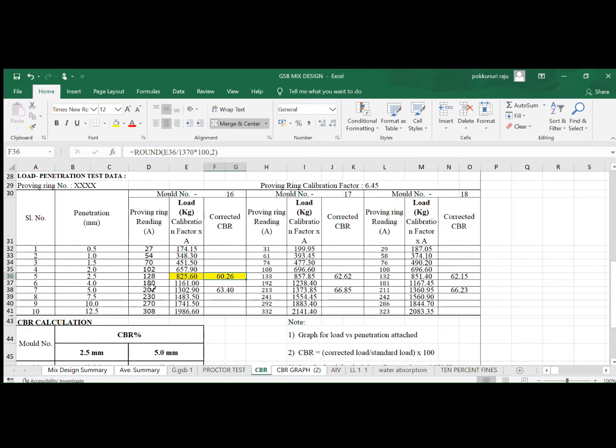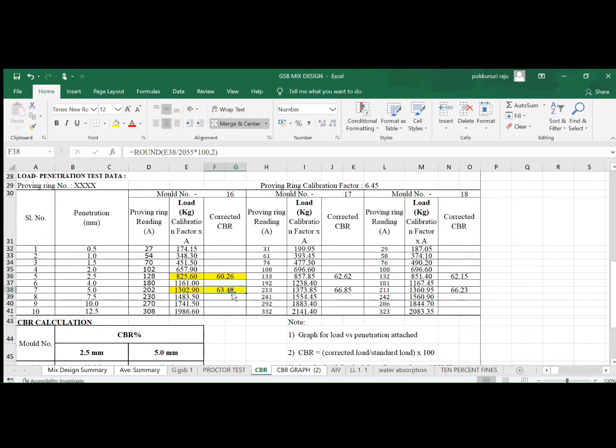Similarly, the load corresponding to penetration of 5 millimeters is calculated as 1302.90, and this is divided by the standard load, which is 2055, because the standard load for 5 millimeter penetration is 2055 and for 2.5 millimeter penetration is 1370. So dividing by the standard load of the corresponding penetration will give you the CBR of that particular mold.